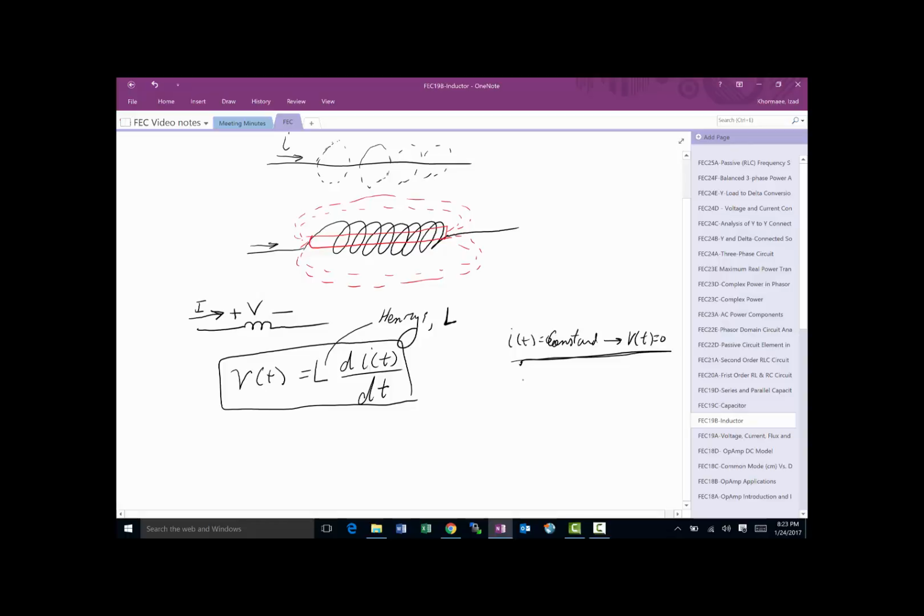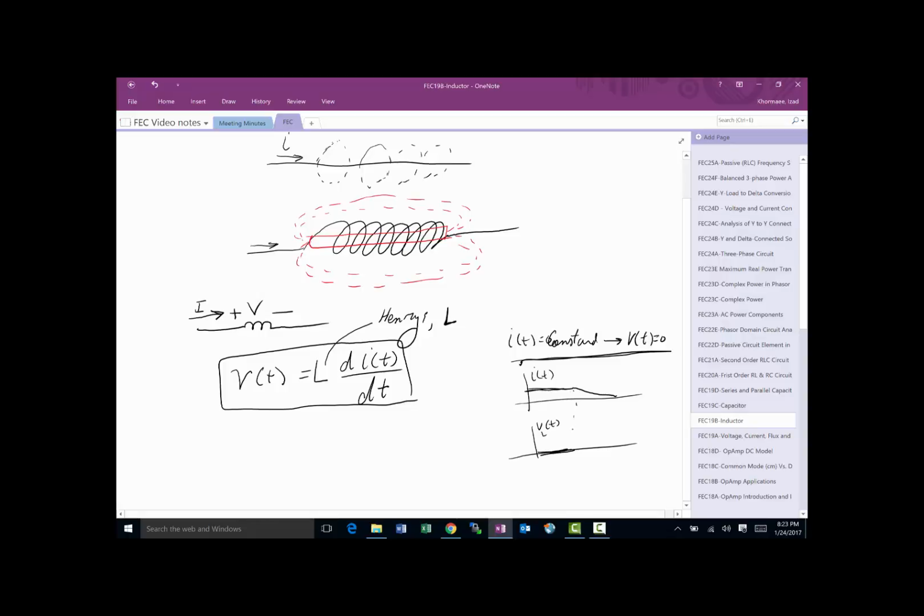So for example, if we have an i(t), and that i(t), let's say, is represented by a flat and then slopes down, you will find the place where the current is flat, the resulting voltage in the inductor is actually going to be 0.